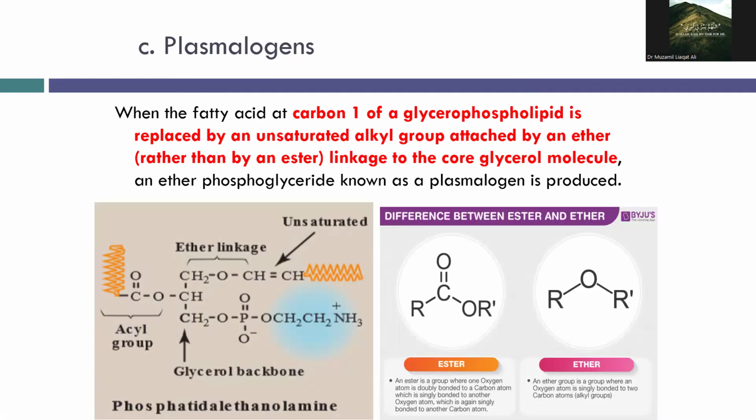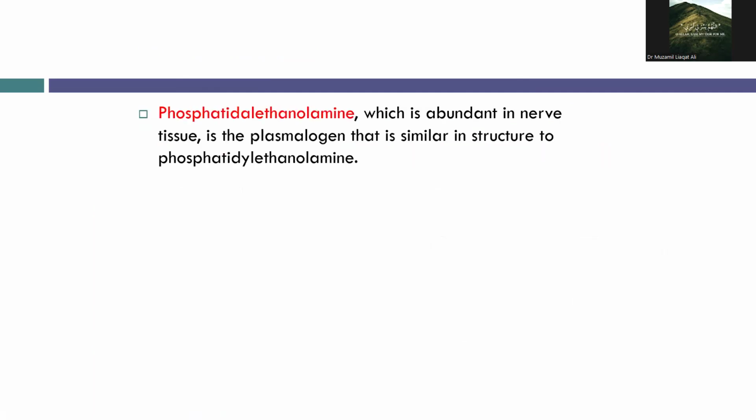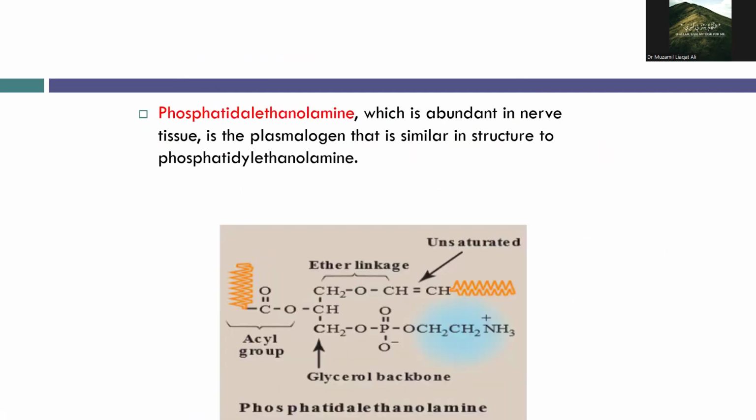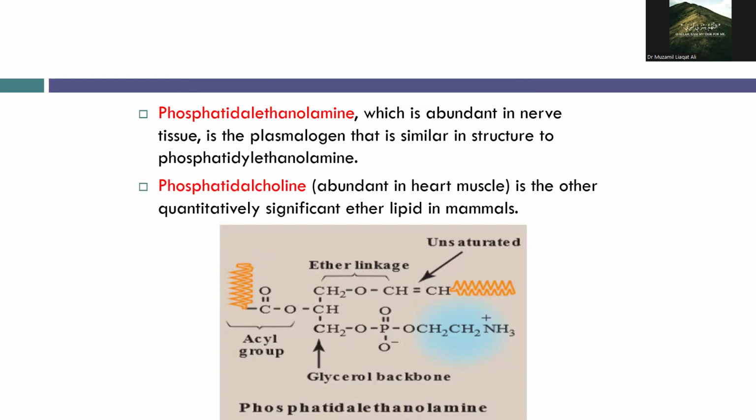As you can see, the difference between the ester and the ether bond. So plasmalogens, as we discussed earlier, are ether lipids where the fatty acid at carbon number 1 is attached by an ether linkage, not by the ester linkage. As you can see, the examples of the plasmalogens.